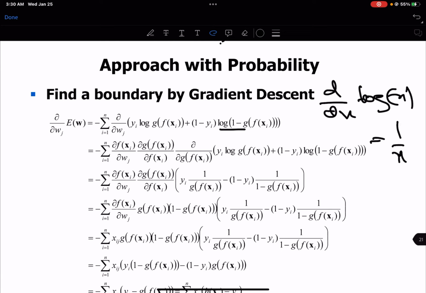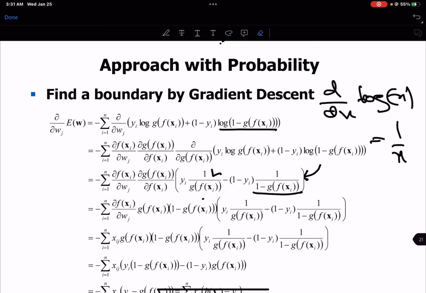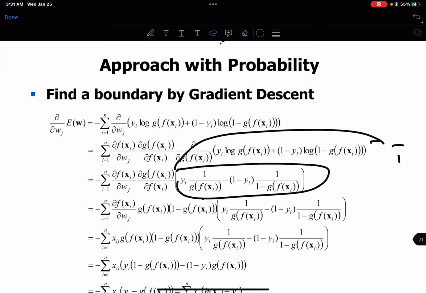So if we take the log of this one with respect to g of x, f of x, this is converted to 1 divided by this term. And then if we take the derivative with respect to this function, it is replaced by 1 by g of f of x. Okay, so this part we have understood.